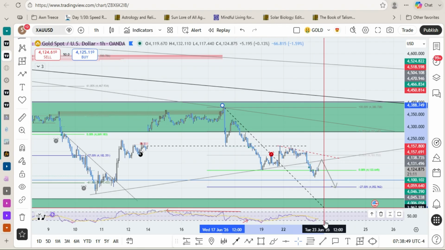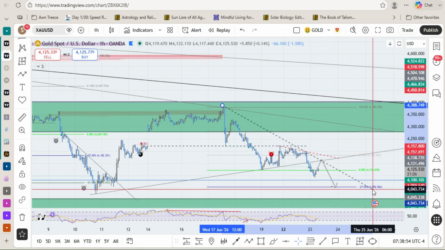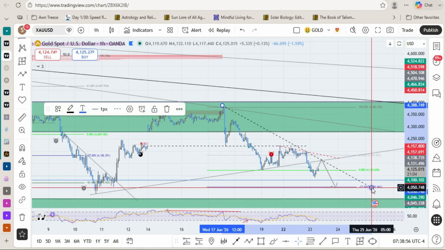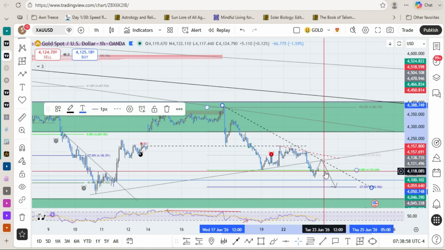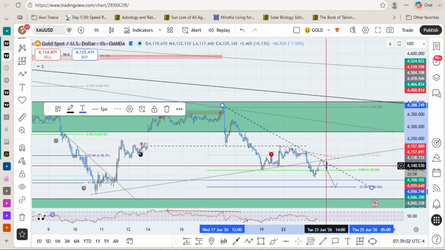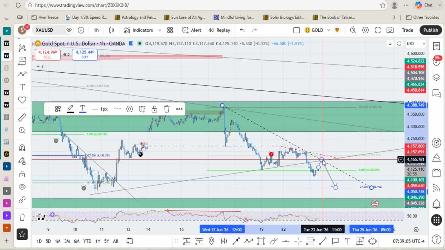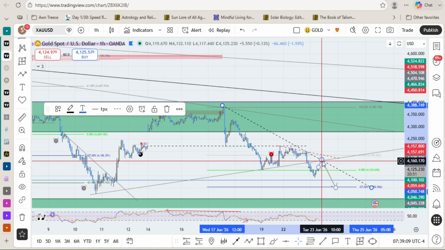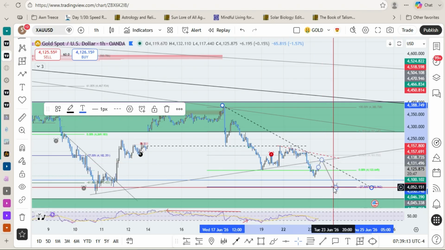This trend line was over here first, but since price has moved, I went ahead and adjusted it. So I'm looking for and hoping that price comes back up here to retest this.